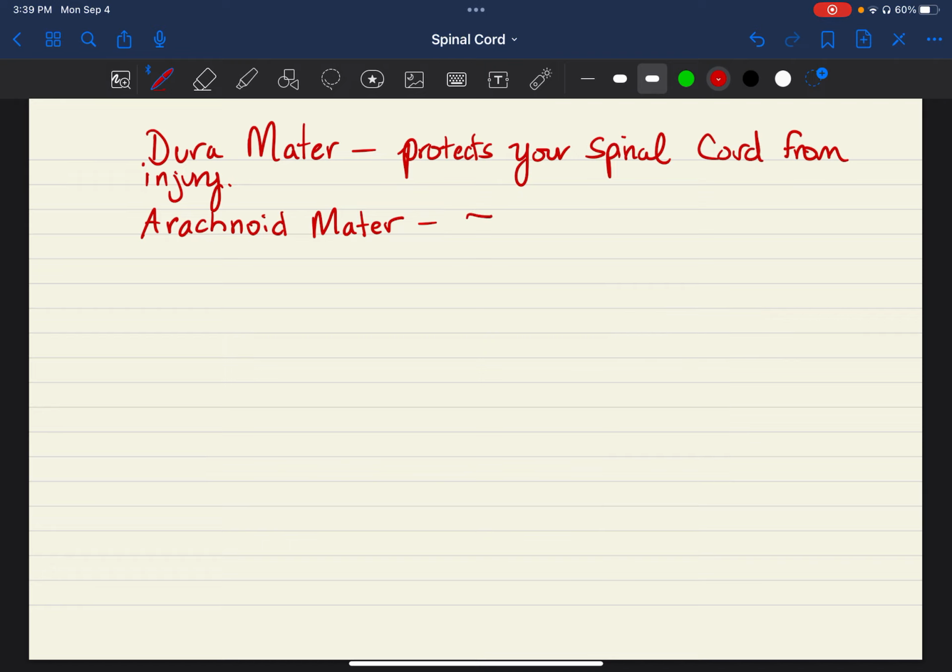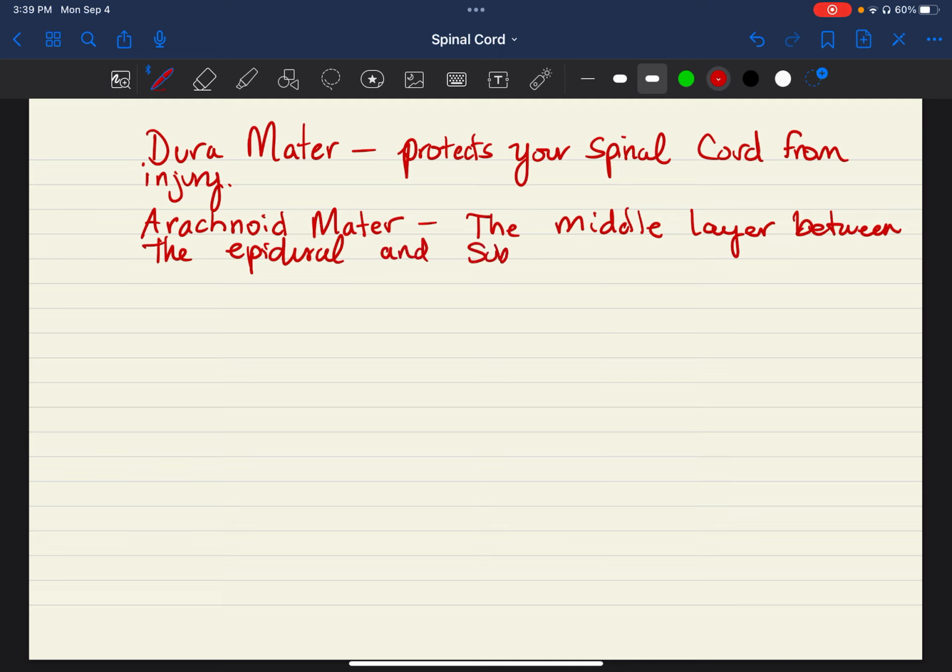So that is the middle layer between the epidural and subarachnoid space.